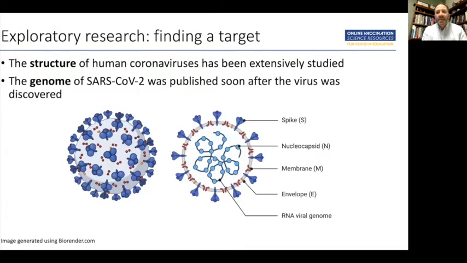So the first step, and this is really in the realm of basic research, is finding a target, finding out what it might be about a pathogen, particularly a virus, that would make it a good candidate for incorporating into a vaccine. So the vaccine itself is going to be a mixture of materials.